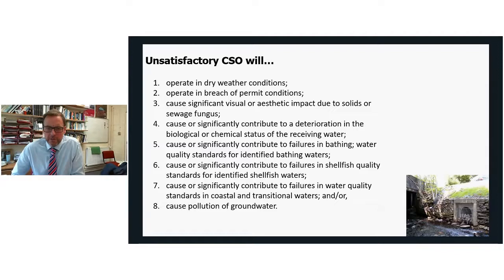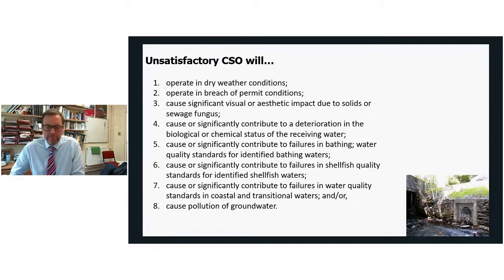Some of these are absolutely fundamental. The first one there is that an unsatisfactory CSO will operate in dry weather conditions. That means even when it's not raining, it's discharging into the environment, and that is absolutely not a good thing at all.